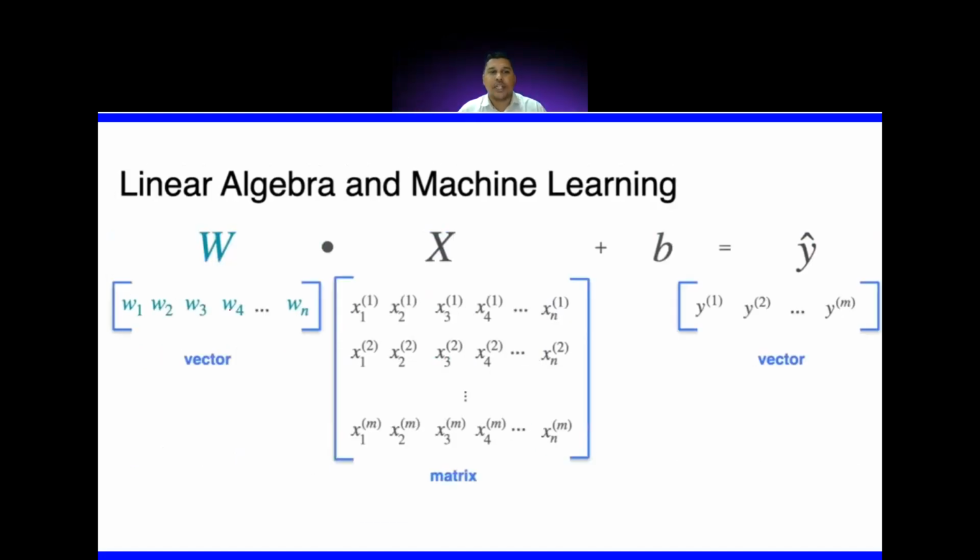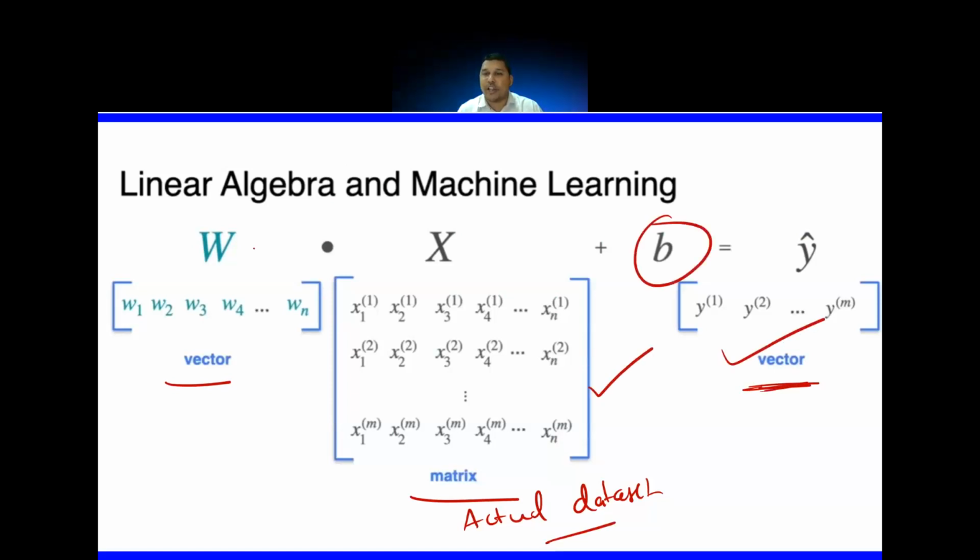So I can write them like this: those W's I can form a vector, those features form a matrix. This is your actual data set, and this is the output value, the output vector. You are given this and this, and you have to find out the value of B and the value of W.